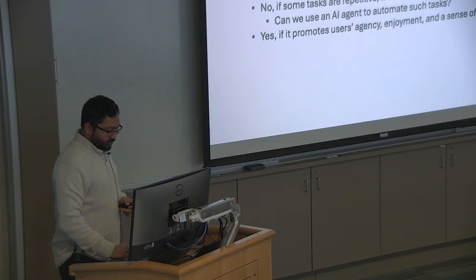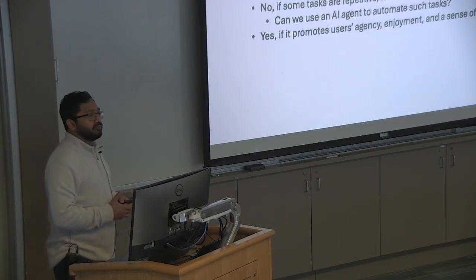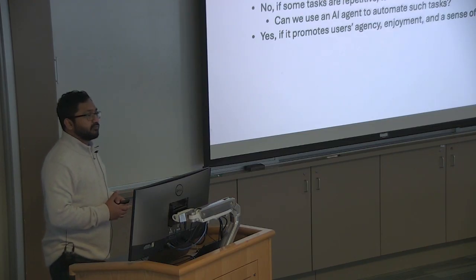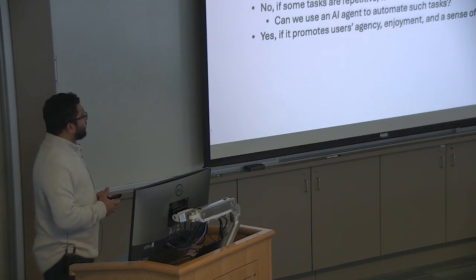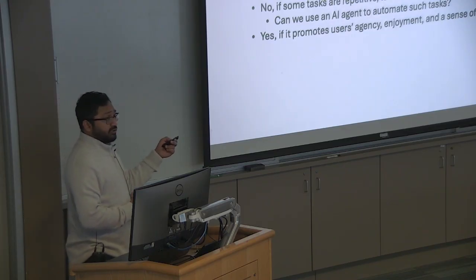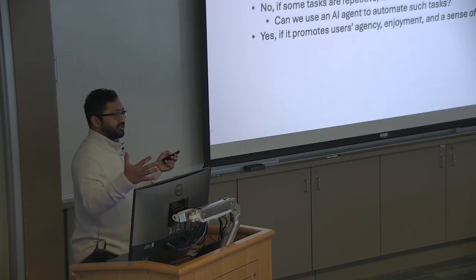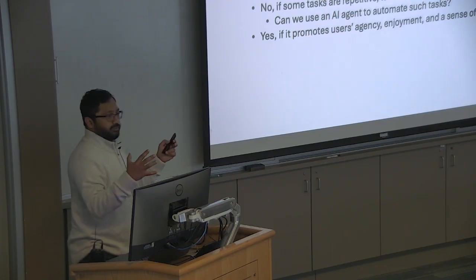So can we use the AI agent to automate such tasks? I'm trying to understand which tasks. Data visualization and analysis is so important nowadays. Are there others you're thinking of for automation? For automation, mostly multi-step tasks like searching.